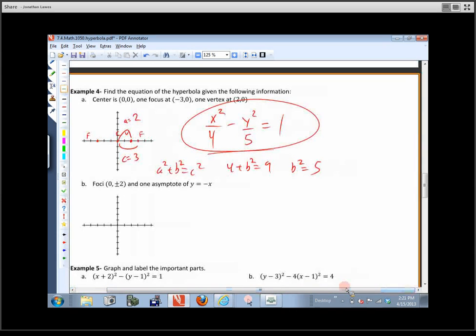And just for the heck of it, can you write down the equation of the asymptotes, please? Find the expression with the y.